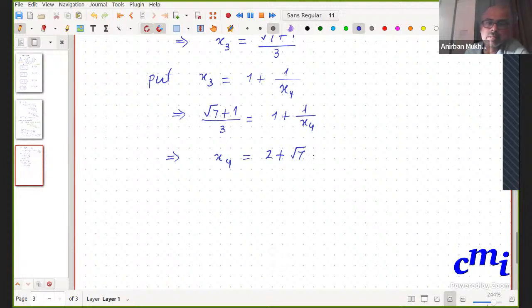Square root of 7 is between 2 and 3, so 2 plus square root of 7 is between 4 and 5. So we should write 2 plus square root of 7 as 4 plus something, something of this form.